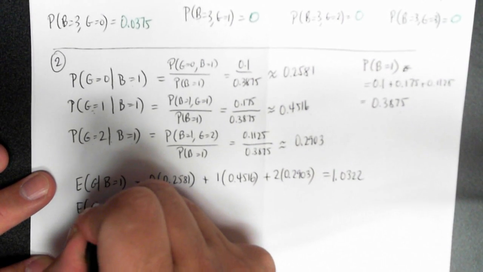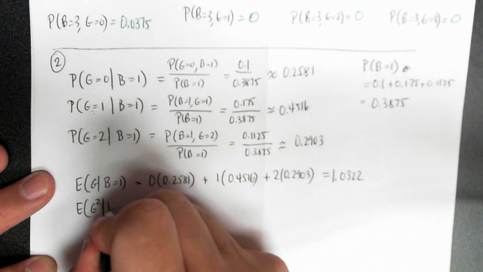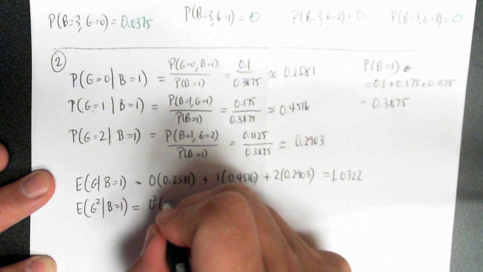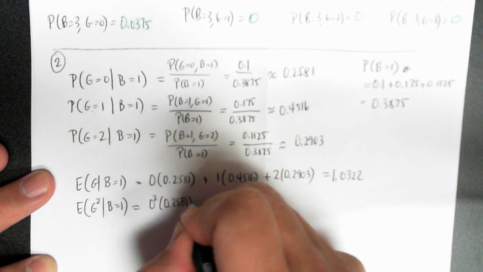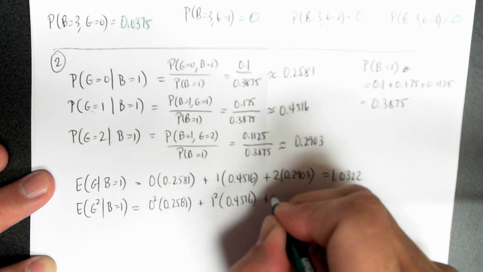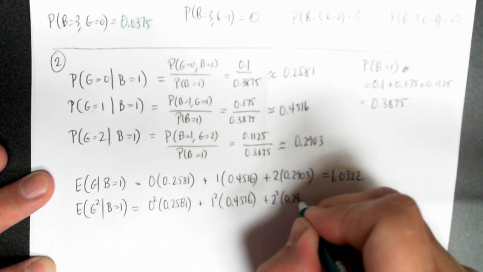To find the standard deviation, I first figure out the expected value of G squared, given that B is equal to 1. So that's 0 squared times 0.2581 plus 1 squared times 0.4516 plus 2 squared times 0.2903.